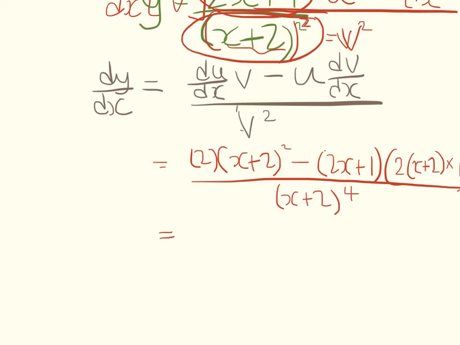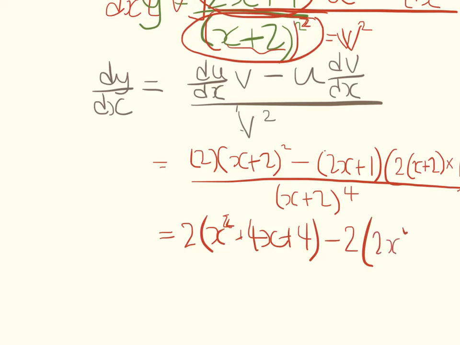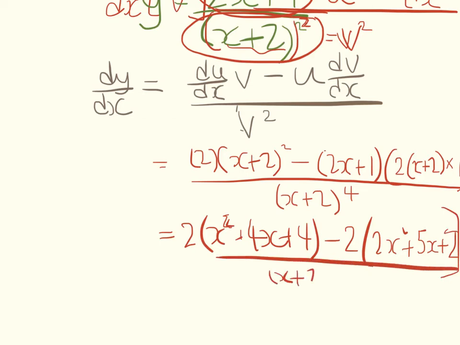So now we've got 2 of x squared plus 4x plus 4 minus, well, if we multiply out, we've got 2 at the front, and then we've got 2x squared plus 5x plus 2, all over x plus 2 to the power of 4.